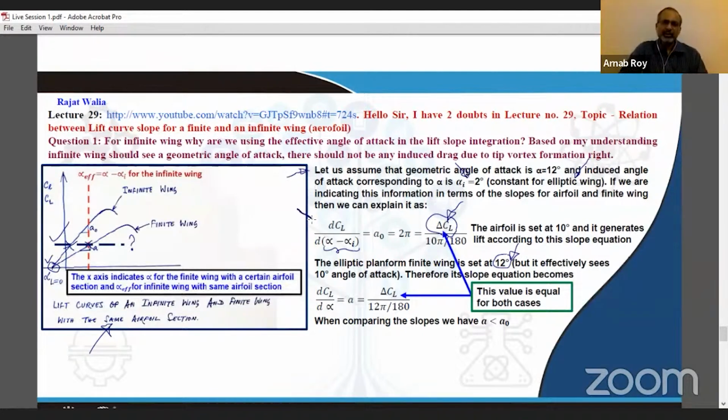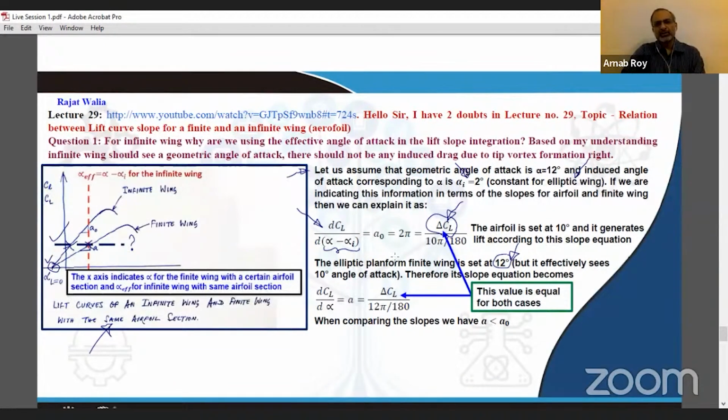Therefore, when it comes to calculating slopes, interestingly, that induced effect comes back to the airfoil, because the airfoil is actually set at an angle which is lower by that induced angle, which produces the same lift. Now, if you put that information together, what it basically means is that the delta CL, which was achieved for an angle of alpha in the case of finite wing, is achieved for an angle alpha minus alpha I in the case of an infinite wing or an airfoil.